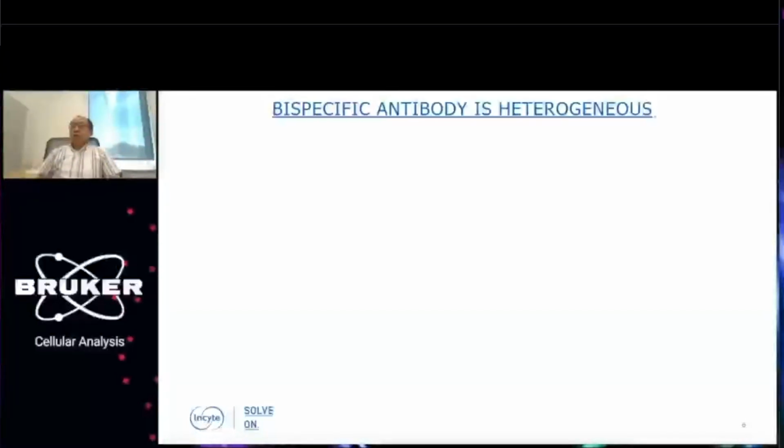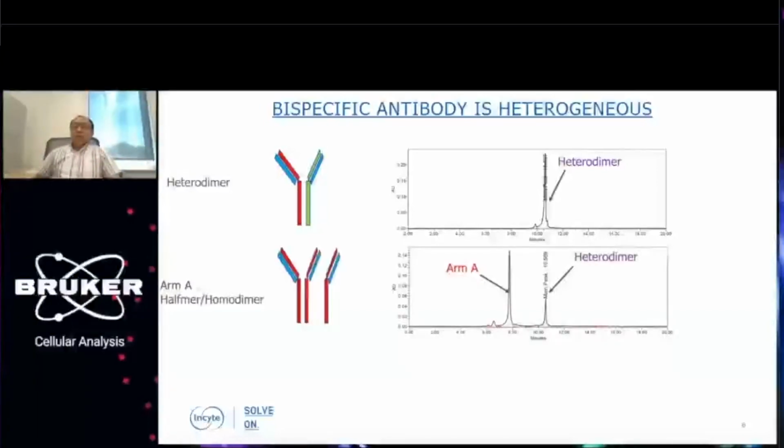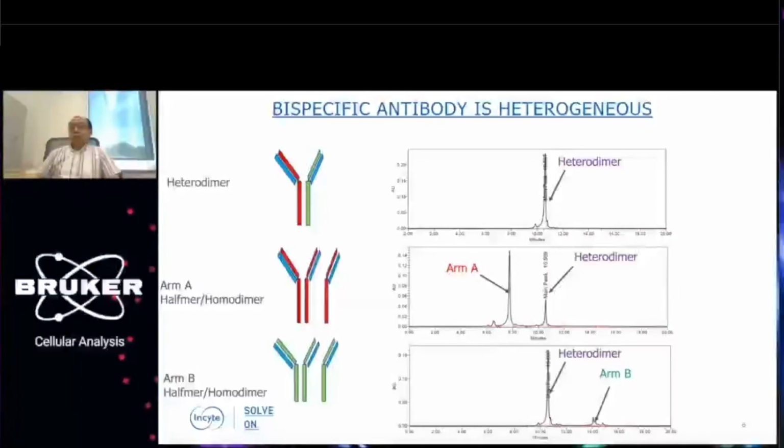According to the results, we can find good clones with a high percentage of heterodimer. We also get bad clones with either a high percentage of arm A antibody or arm B antibody.